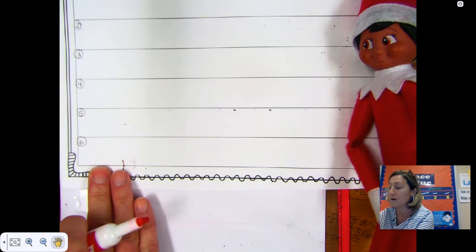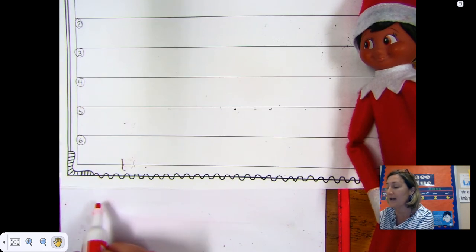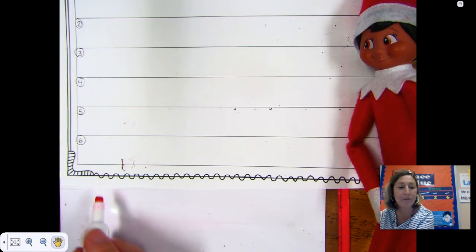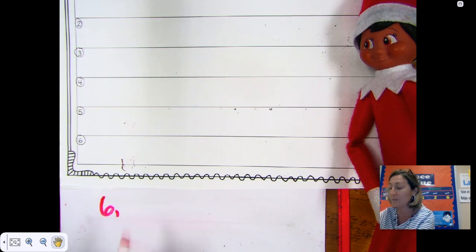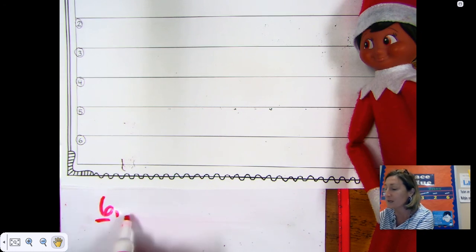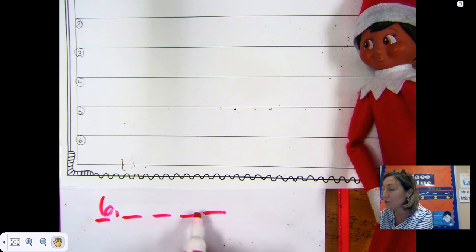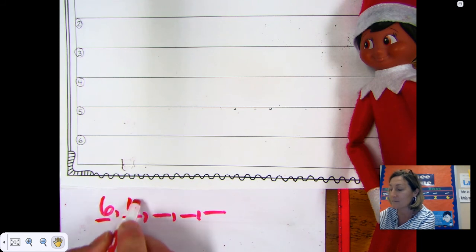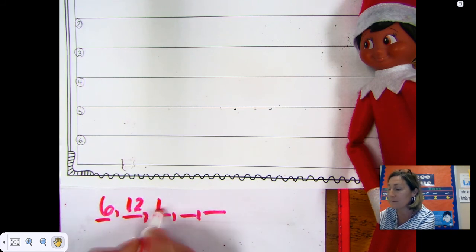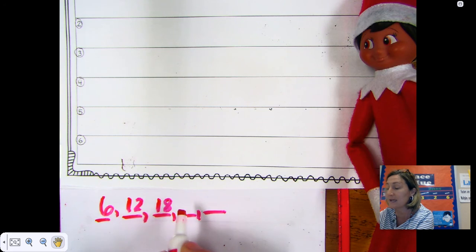Okay, let's do the multiples, the first 5 multiples of 6. Okay, so we're going to be skip counting by 6s. I'm going to draw 5 boxes here. 1, 2, 3, 4, 5. Just so we know how many numbers we're going to write. So let's go ahead. Let's count by 6s. 6, 12, 18.